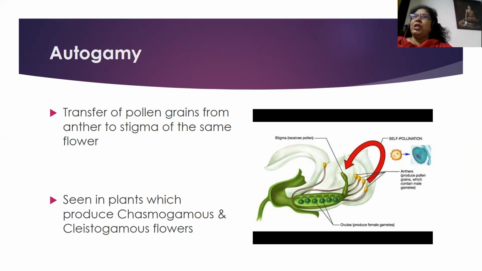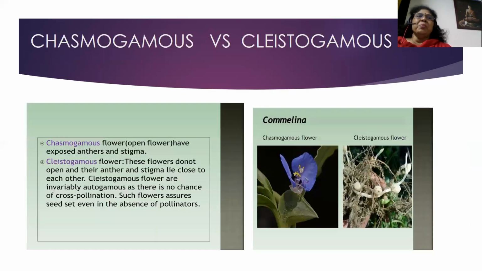Self-pollination takes place in both chasmogamous as well as cleistogamous flowers. So let us understand what we mean by chasmogamous and cleistogamous flowers. Chasmogamous flowers are the normal flowers which open up, but cleistogamous flowers, if you can see the figure over here, are the flowers which do not open, they remain in the bud form.